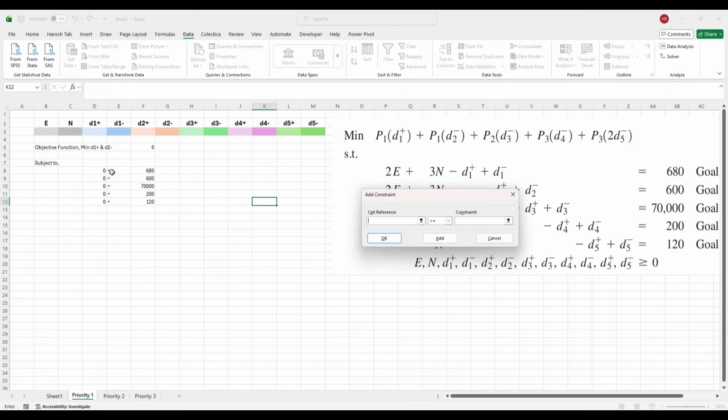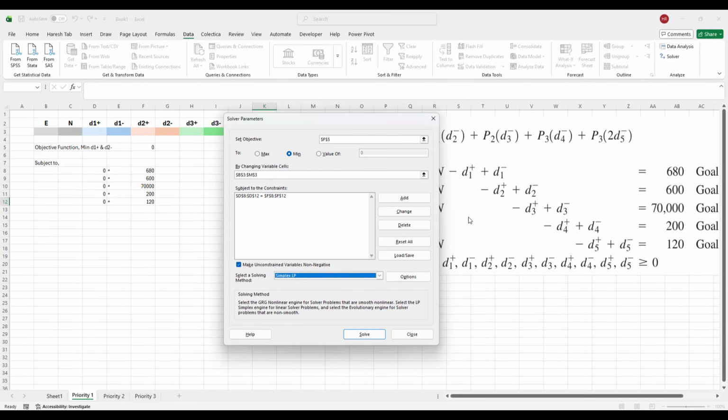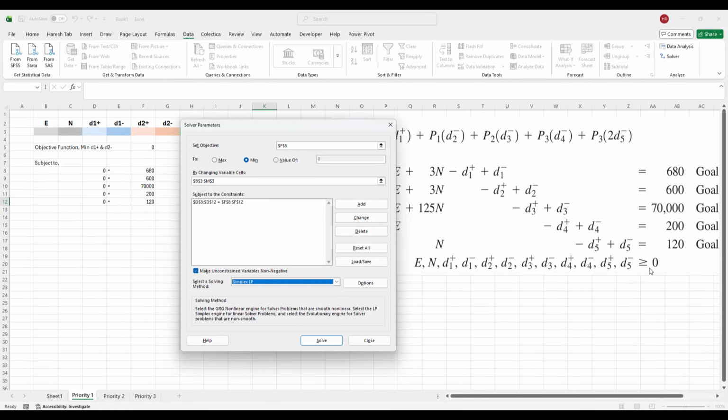Because every equation has an equal-to sign, I can use equal to in between and add them in one go: all the left side here, and on the right side, all the right side, and say OK. Then we are going to use Simplex and make unconstrained variables non-negative, because we want to accommodate the requirement that all my variables are greater than or equal to 0. And now we solve it.